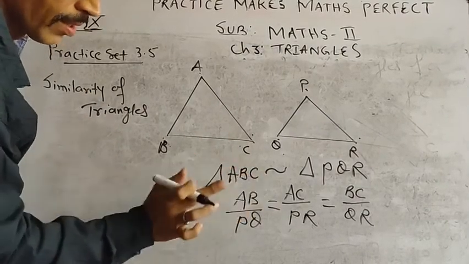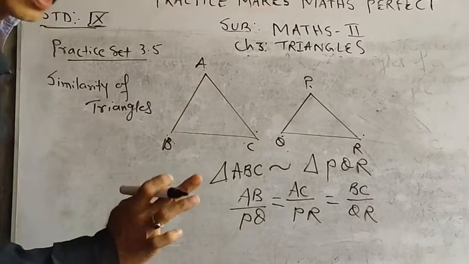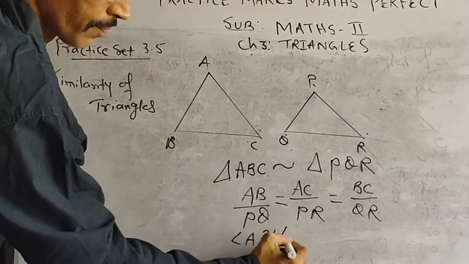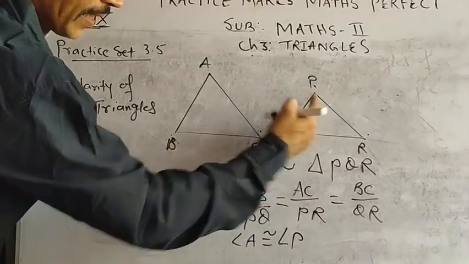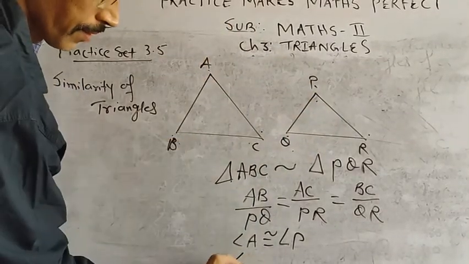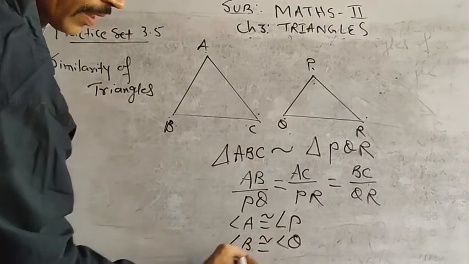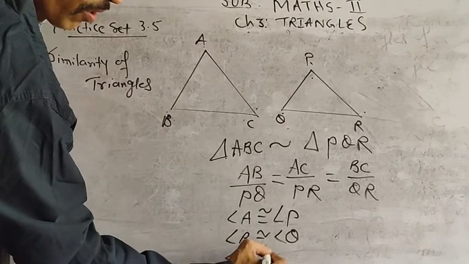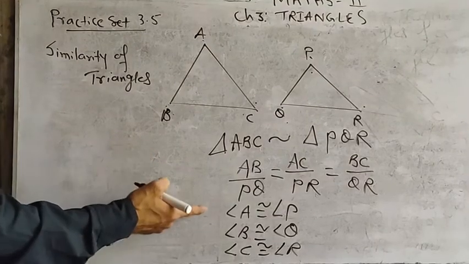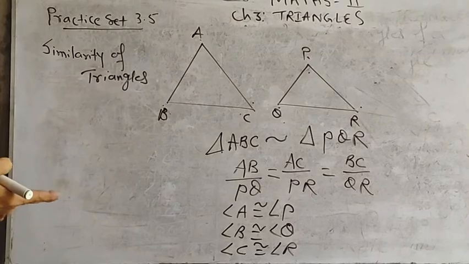In similarity, sides are in proportion and all angles are congruent. As you know, angle A will be congruent to angle P, the corresponding angle. Angle B will be congruent to angle Q. Angle C will be congruent to angle R. Means corresponding angles are congruent, and corresponding sides are in proportion.